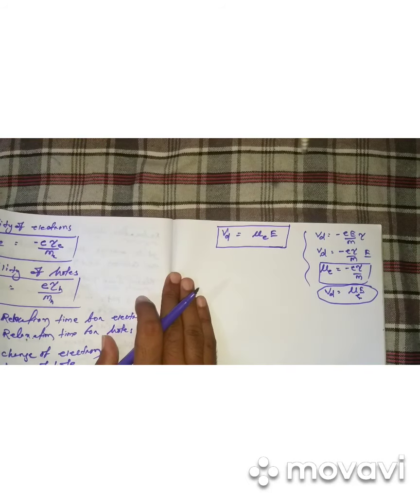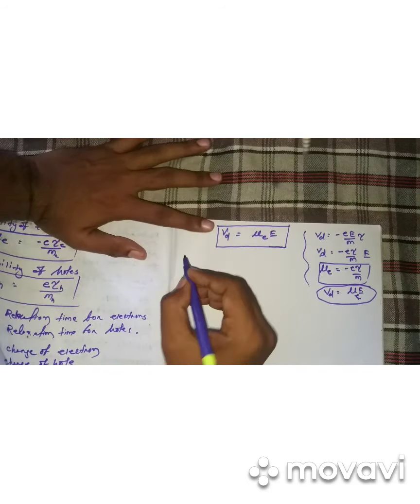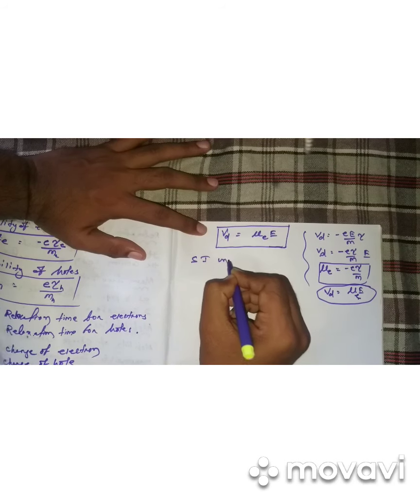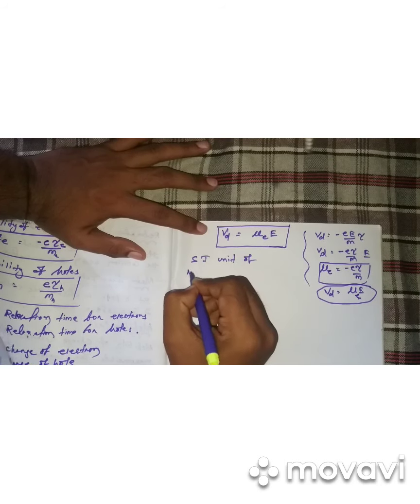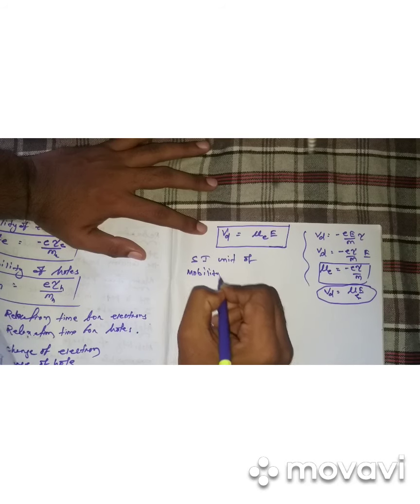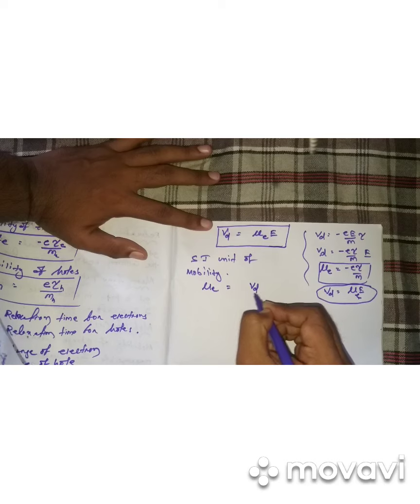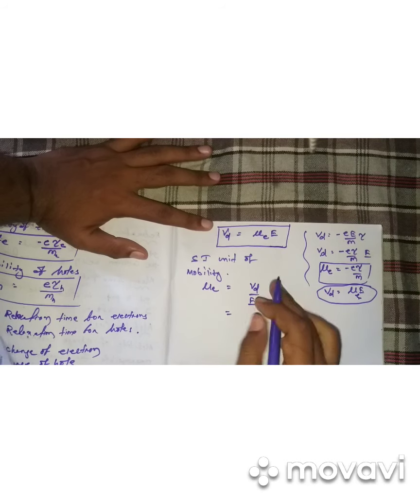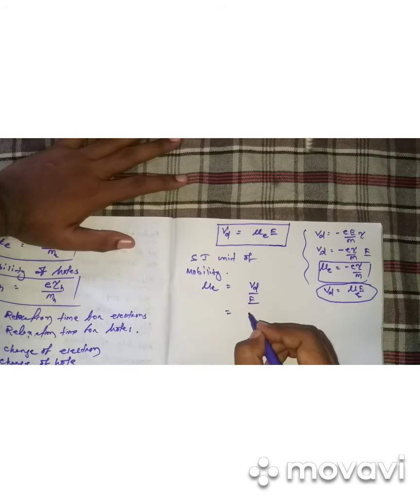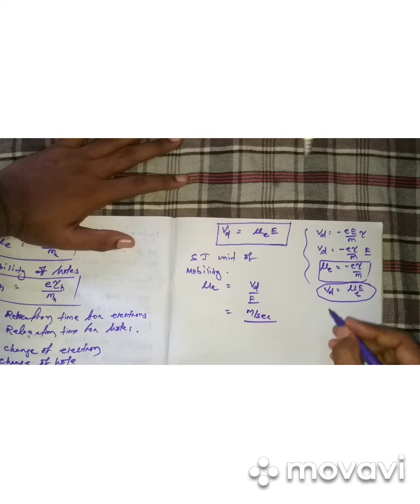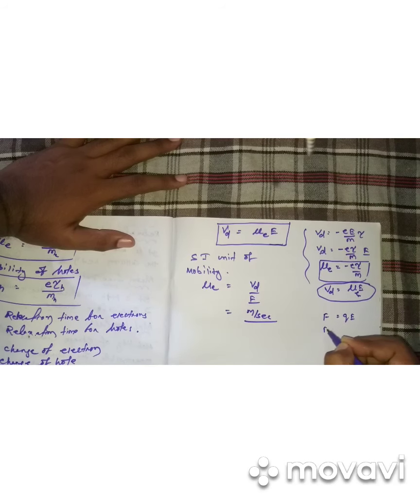Then the unit of mobility, the SI unit of mobility. So mu e equal to what? Vd by E. Vd means velocity of electron, that is meter per second, divided by electric field, which means what? F equal to qE, so E equal to F by q, that means Newton per Coulomb.